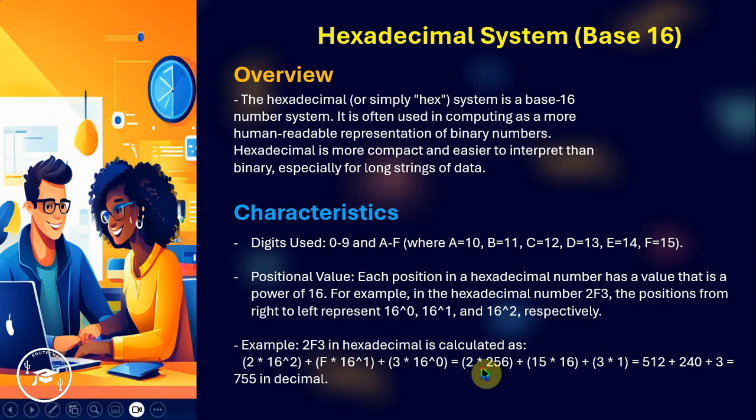So when we do that, we get 2 times 256 plus 15 times 16 plus 3 times 1. And when we solve the bracket, we get 512 plus 240 plus 3, and then we get 755 in decimal. So 2F3, as represented here, simple like this, is rather 755 in decimal.